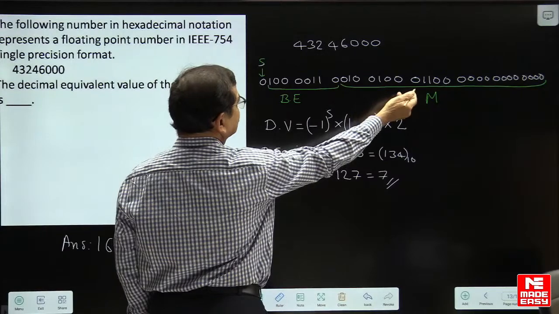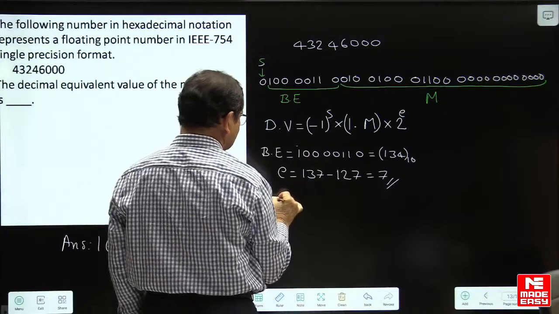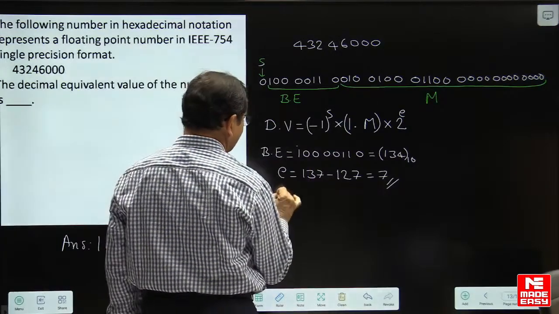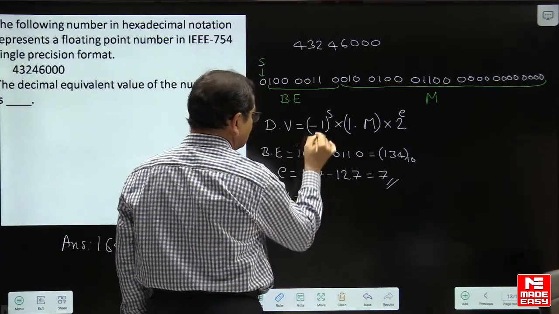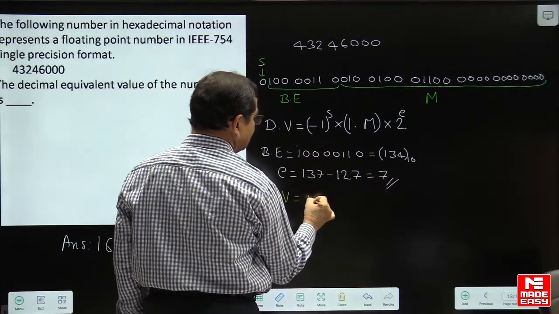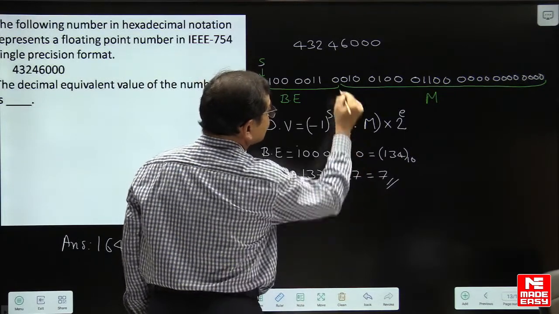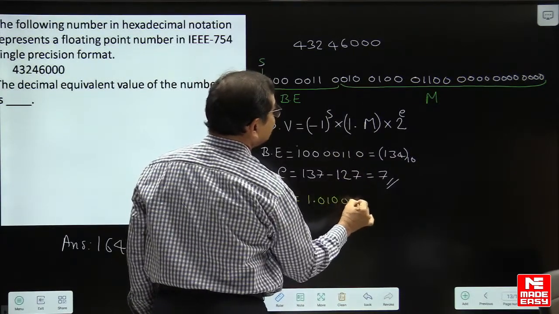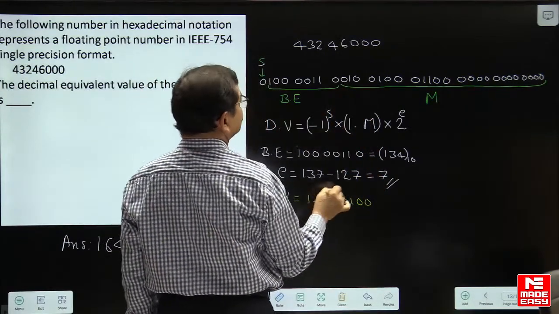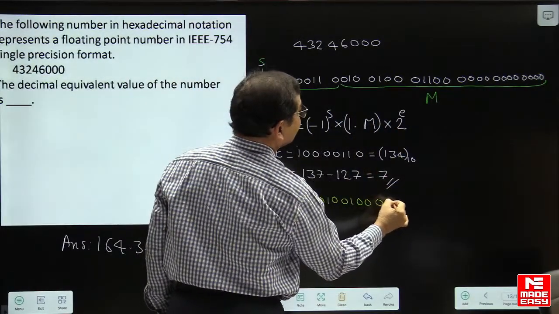And the mantissa part, of course, we are looking at here. So from this, if you substitute the values, the decimal value is: (-1) to the power of 0 is plus, so a positive number, and 1 point 0, 1, 0, 0, 1, 0, 0, 0, 1, 0, 0, 1, 0, 0, 0, 1, 1.